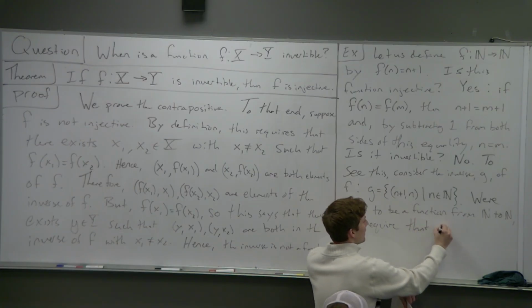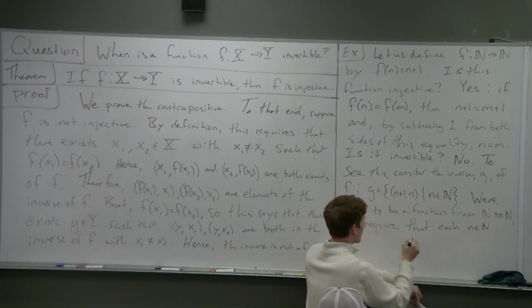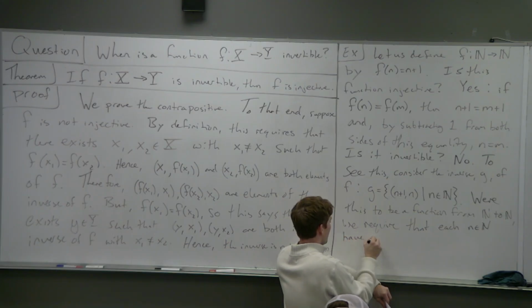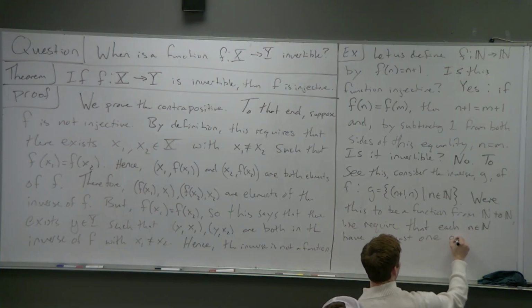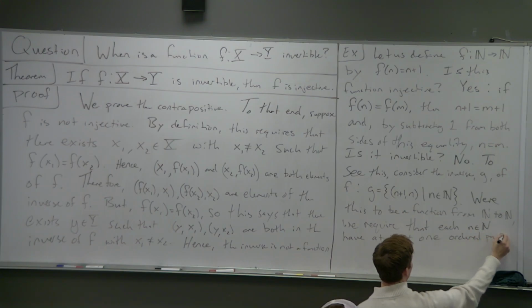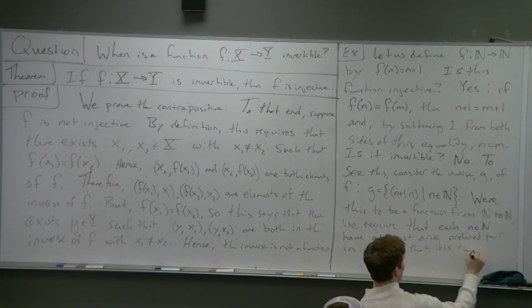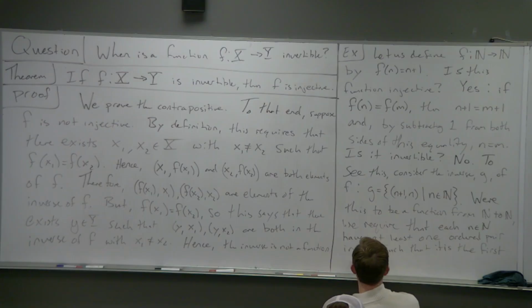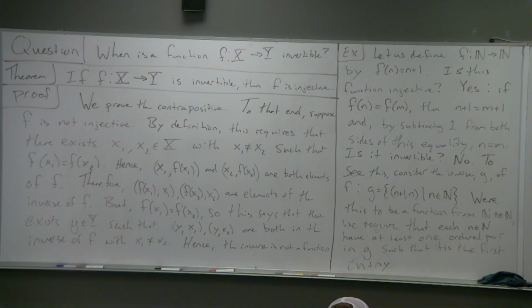We require that each n in N have at least one ordered pair in G such that it is the first entry. So you need everything to have at least one ordered pair with it as the first entry.